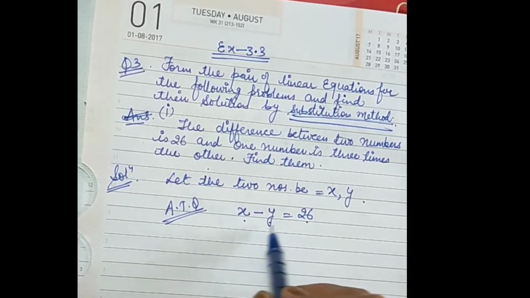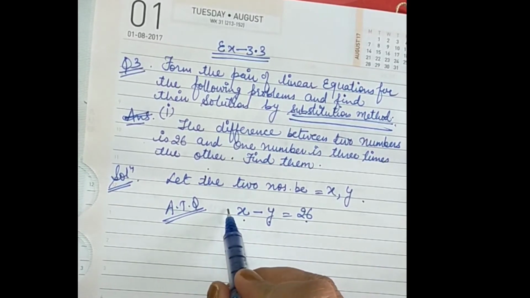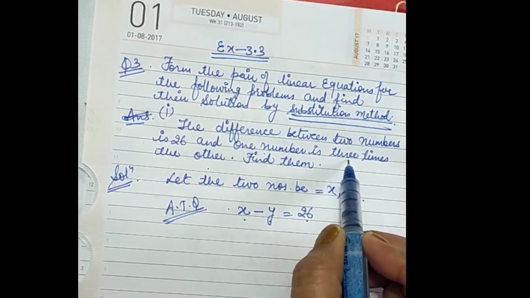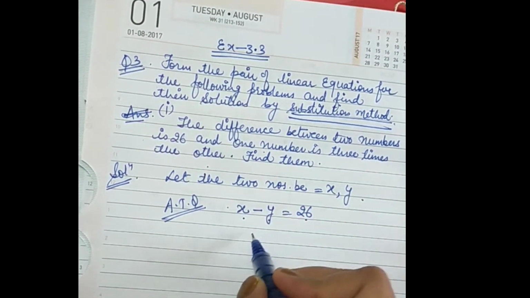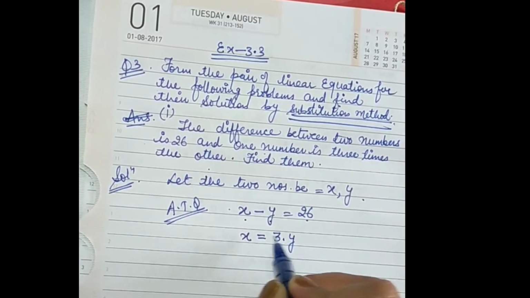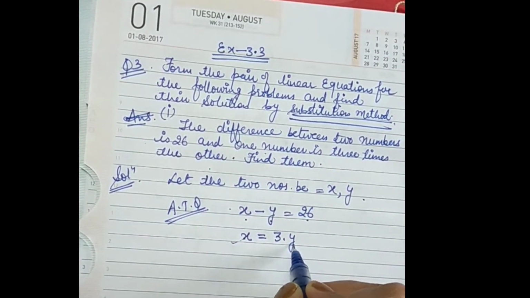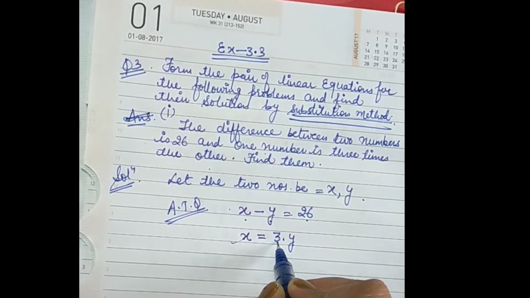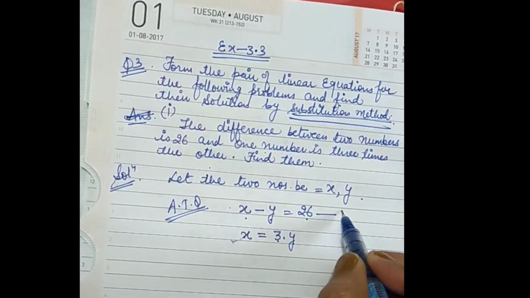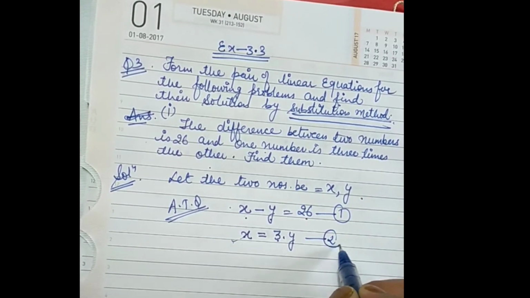That means the bigger number is 3 times the other number. This number is that much bigger that we have to multiply y with 3, then only it will be equal to x. So we got both the conditions.